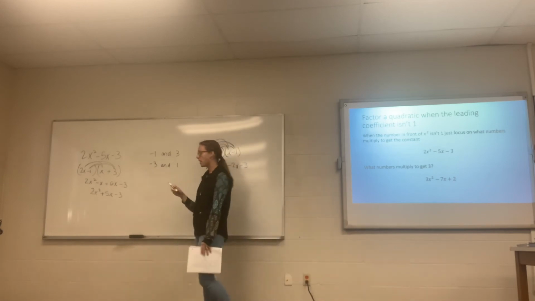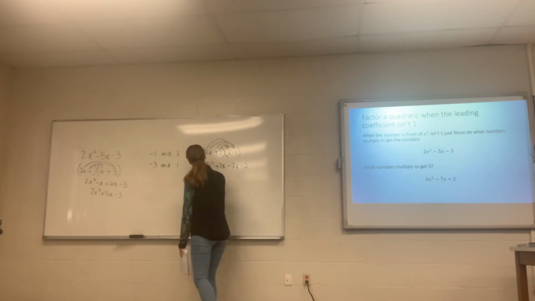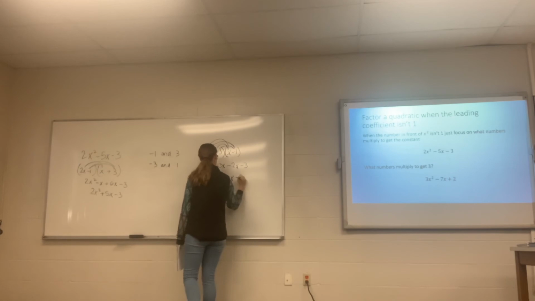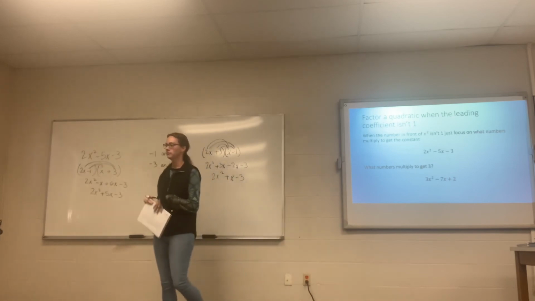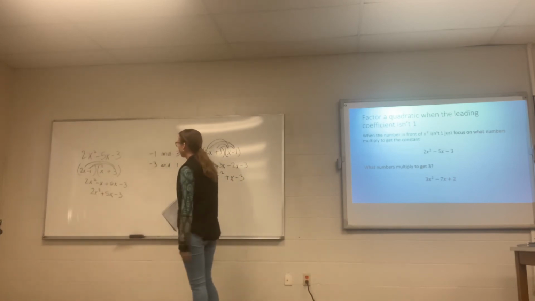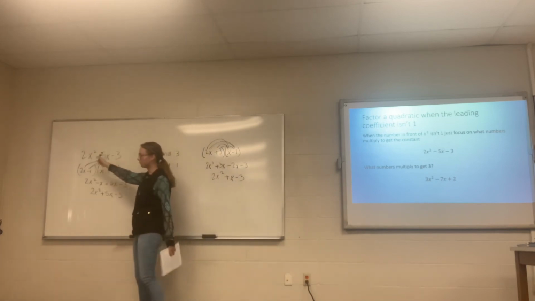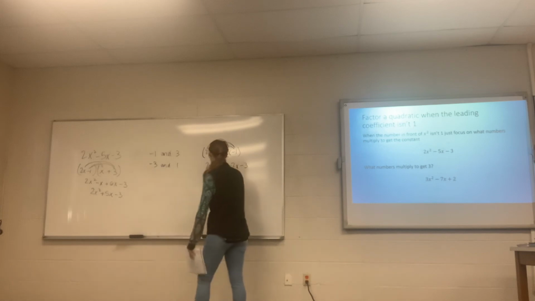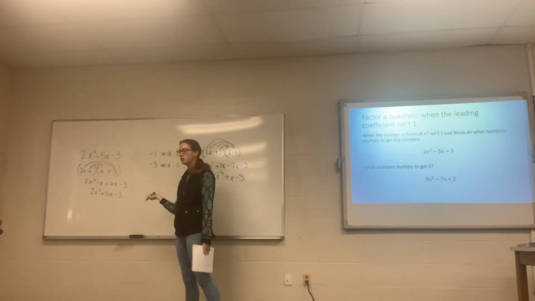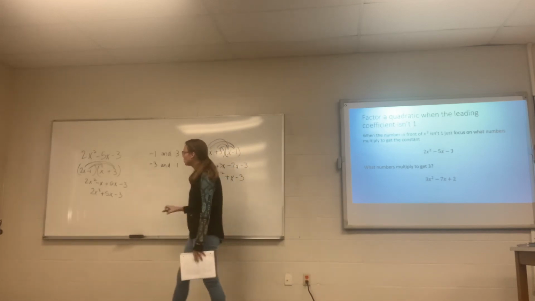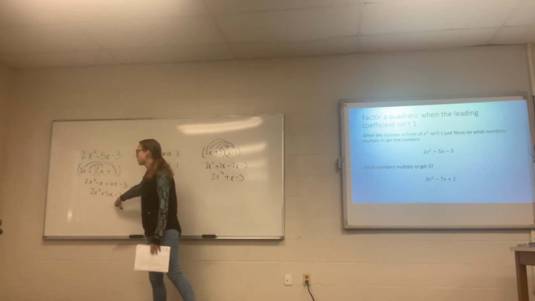So now if I combine these like terms, I end up with 2x squared plus x minus 3. So that one didn't work out for us either. We're supposed to be having -5x, but this time I just have a positive x. Okay, so that one didn't work. So we were closer over here, our signs were just opposite.